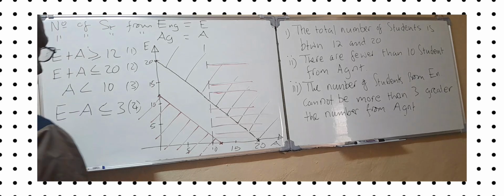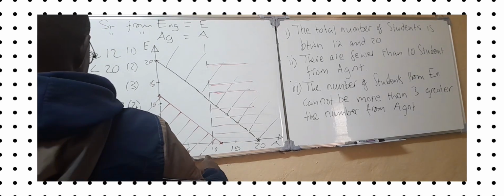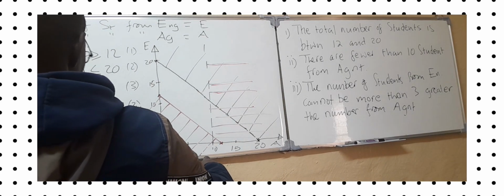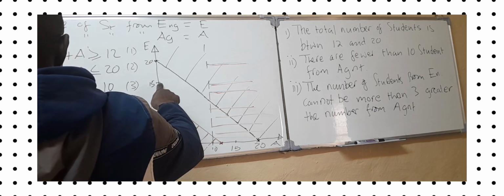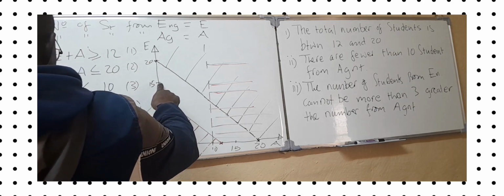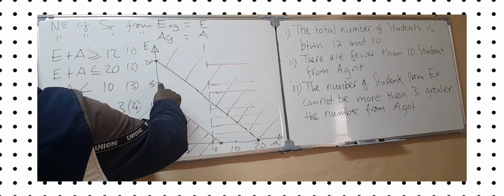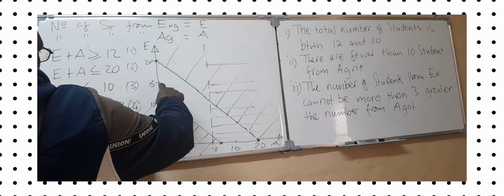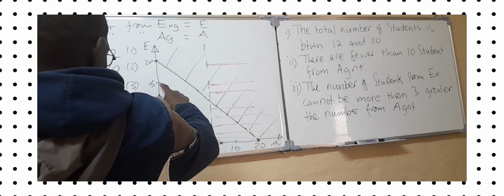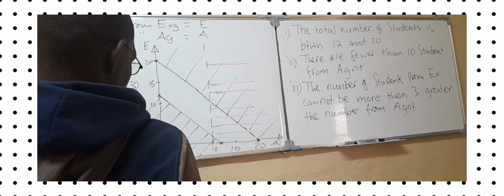Let's take some values here. When E is, let's say, 15, what will be A? 15 minus A is equal to 3, so A will be 12. So when E is 15, A will be 12.